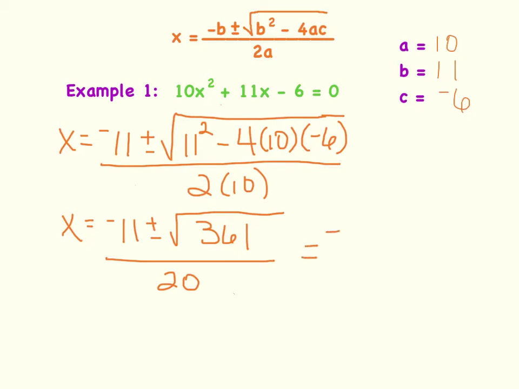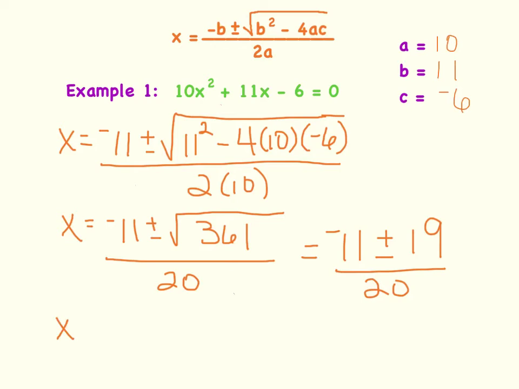We have negative 11 plus or minus. Now what is the square root of 361? It happens to be 19. So we have negative 11 plus or minus 19 divided by 20. Now remember, this plus or minus tells us that we are going to have two solutions. Now we just have another step or two to do.